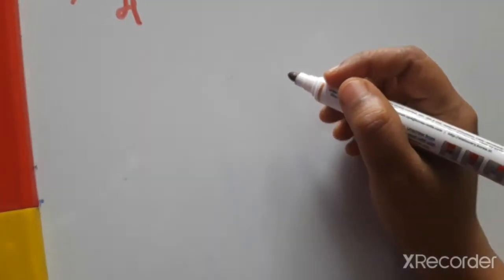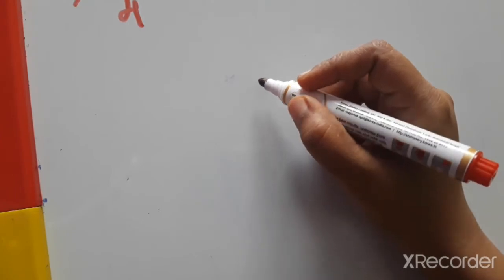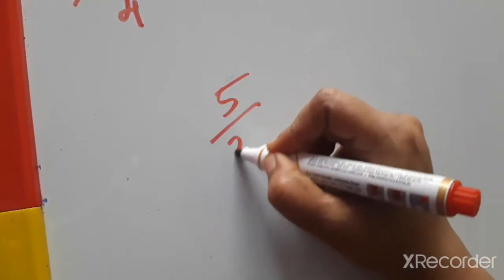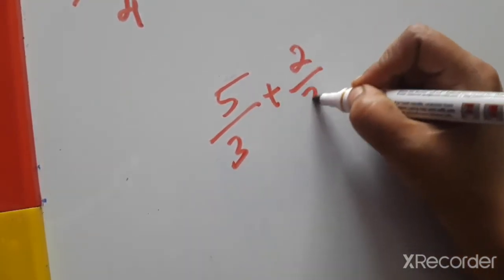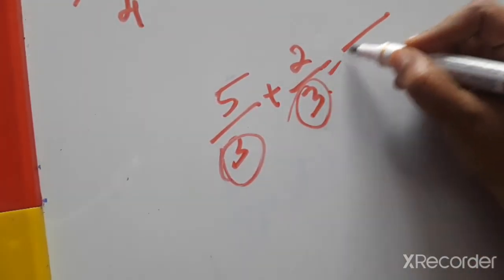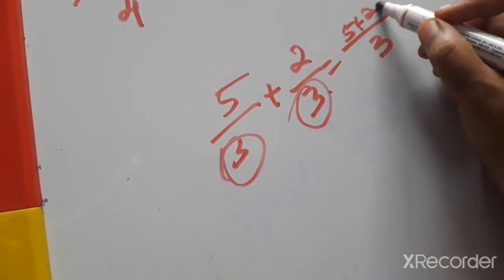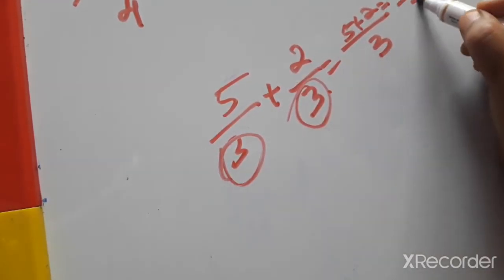We can add or subtract fractions or rational numbers when the denominator is the same. For example, 5 by 3 plus 2 by 3. Here both denominators are the same number, so we write the denominator as it is. Then 5 plus 2 equals 7, so 7 by 3.